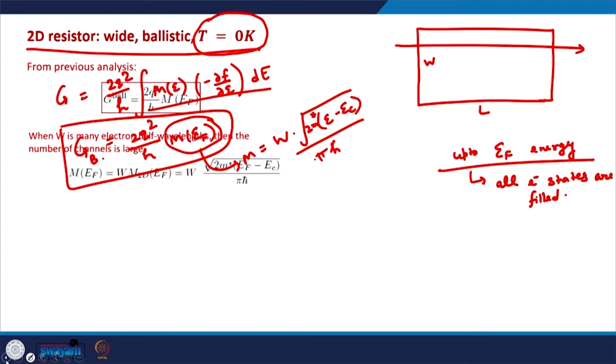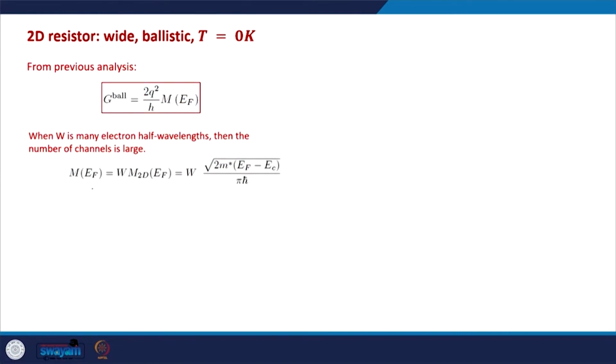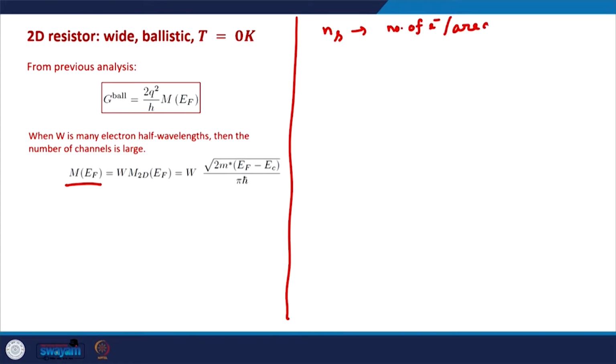Or we can correlate this term to an experimental parameter, which is generally the sheet carrier density in a 2D conductor, the number of electrons per unit area. This can be deduced from experiments.